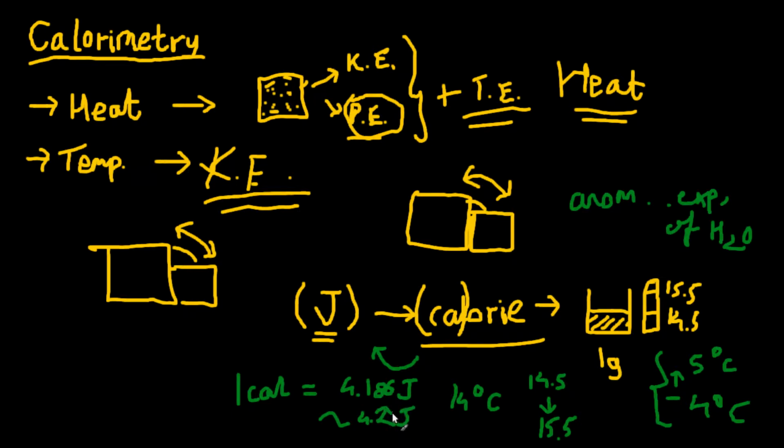Similarly, we can have a kilocalorie, and that'll be the heat energy required to not raise the temperature of 1 gram of water from 14.5 to 15.5, but raise the temperature of 1 kg of water from 14.5 to 15.5. You can then directly say, just multiply this number by 1000, so 1 kcal is equal to around 4200 joules.